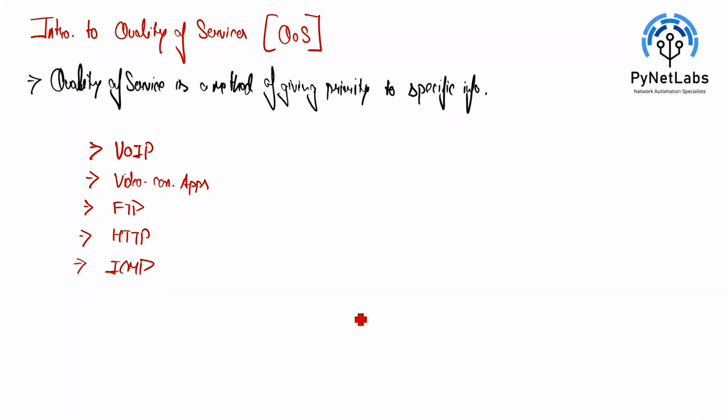If you are talking about Microsoft Teams, it is going to use the UDP protocol. So we know that it is going to reserve a lot of bandwidth for this video conferencing app, right? There can be various data moving inside your network, like HTTP traffic, FTP traffic, or various databases.